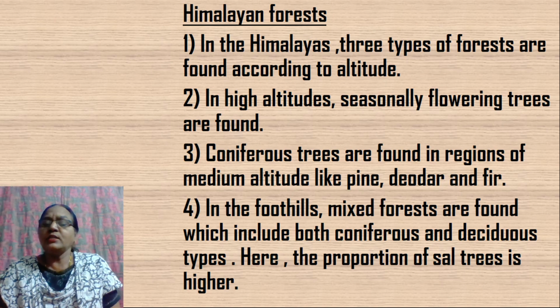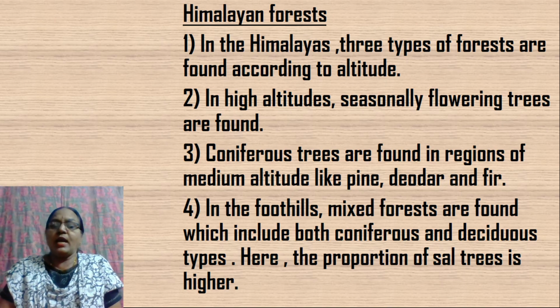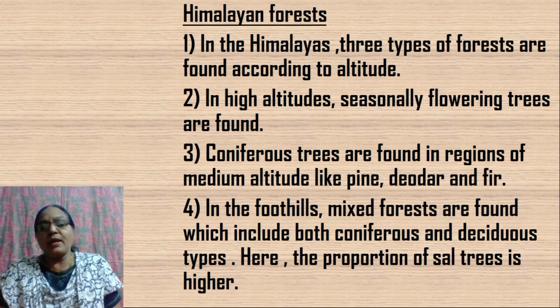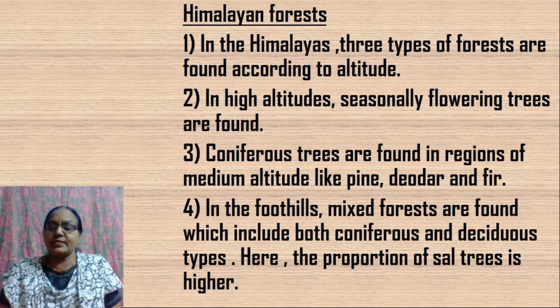So during the brief period, we find only seasonally flowering trees. Then just a bit down in the middle altitude, we have coniferous forests or coniferous trees, for example, pine, deodar, fir, etc.